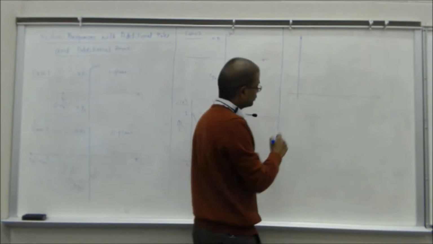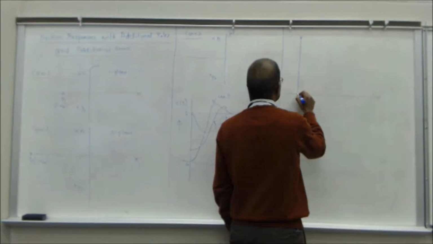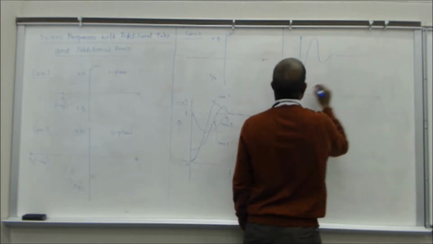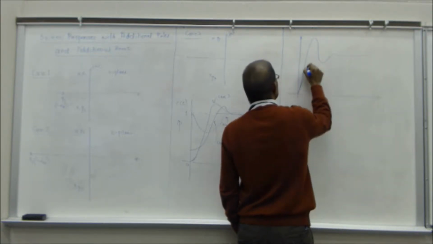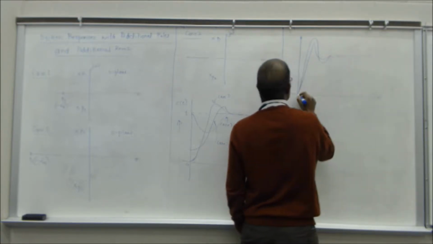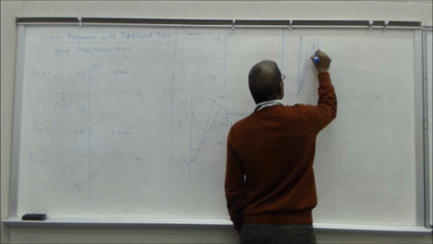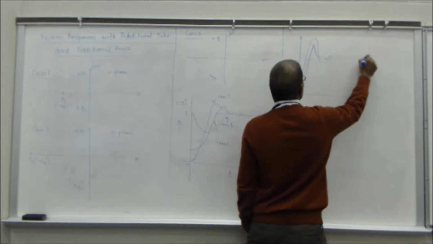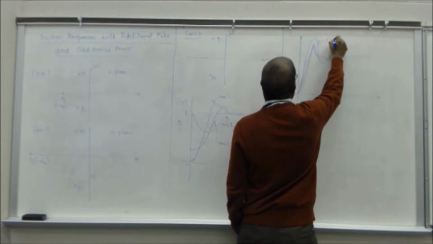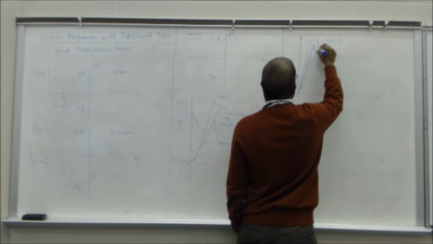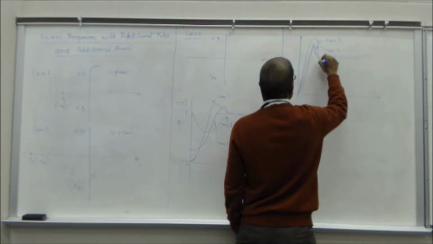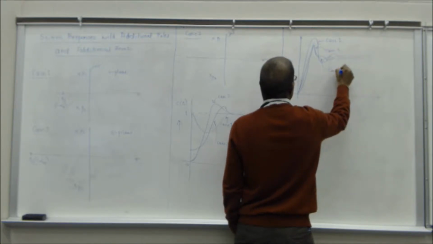So when you add zeros, this could be case 1, case 2, and this is case 3.